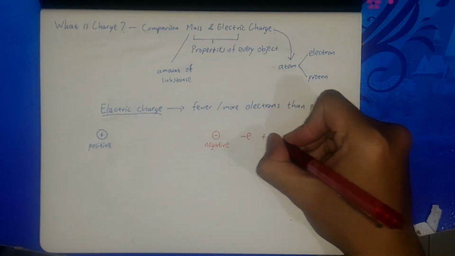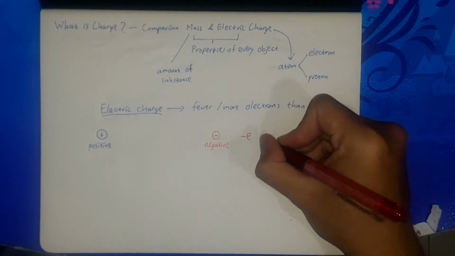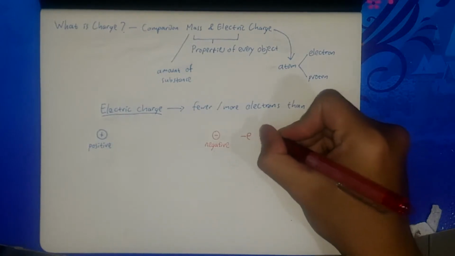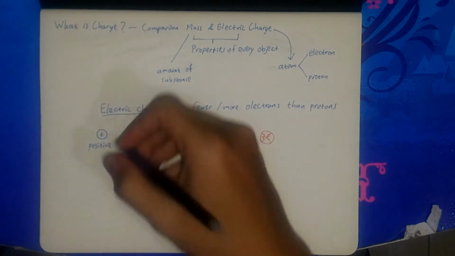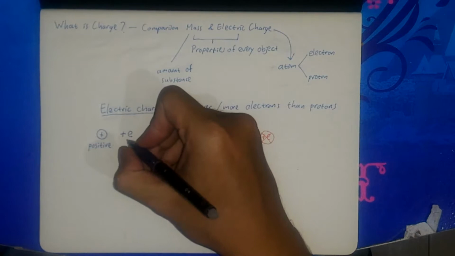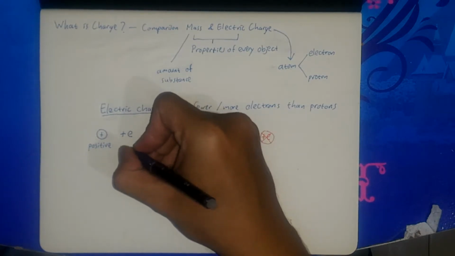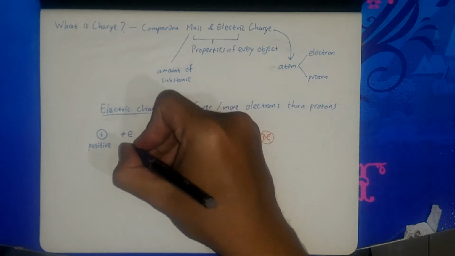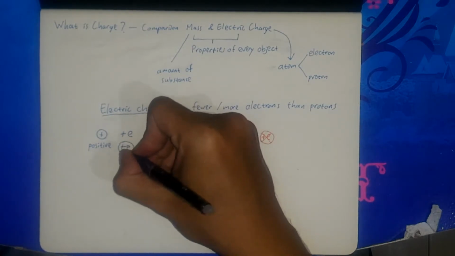E here is for electron, and the negative sign shows that the charge of the electron is negative. Then, the charge of a proton, instead of writing it as positive p, we will just write it as positive e, since a proton and an electron actually have the same amount of charge, just a different kind.